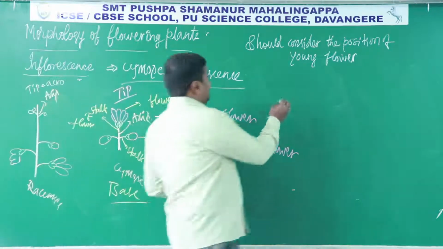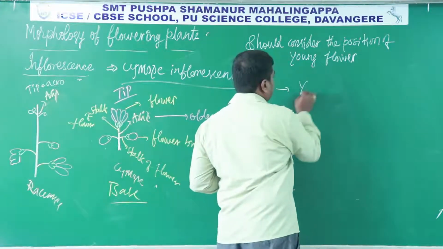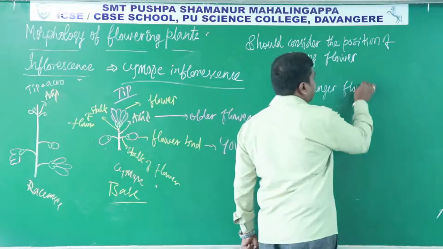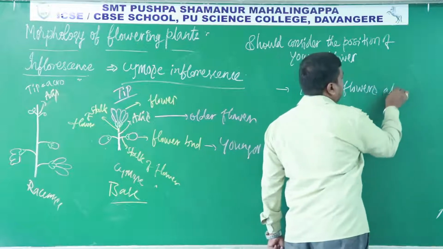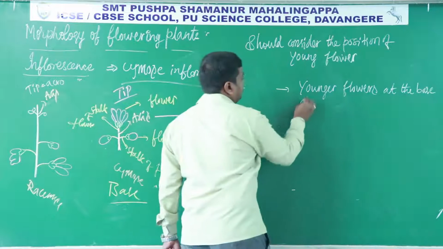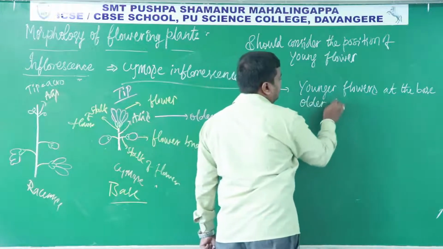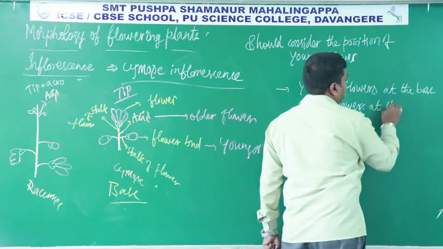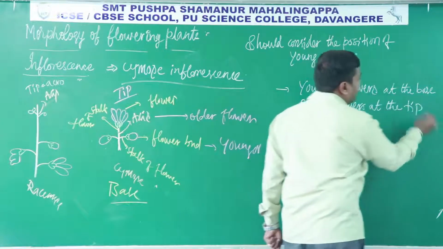So here in a cymose, younger flowers at the base, older flowers at the tip.